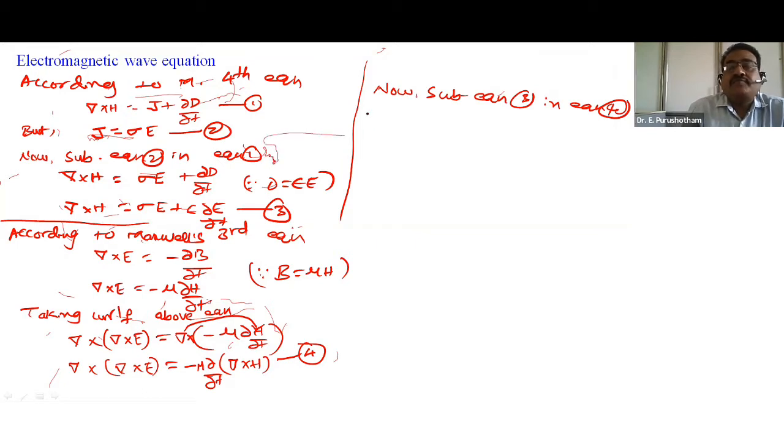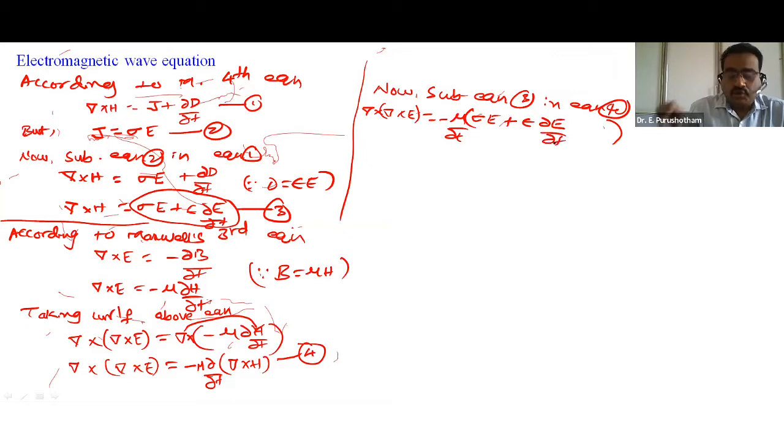Curl of curl E. So curl of curl E is equal to minus mu dou by dou T of, in bracket, sigma E plus epsilon dou E by dou T.